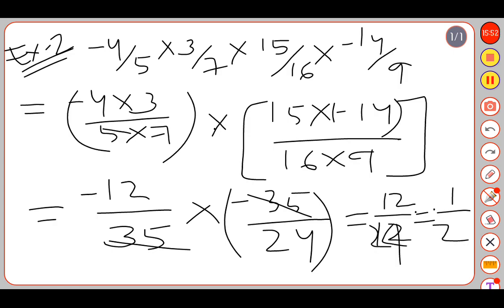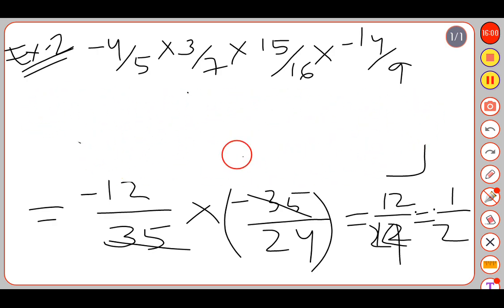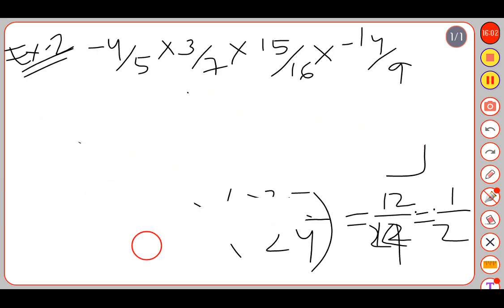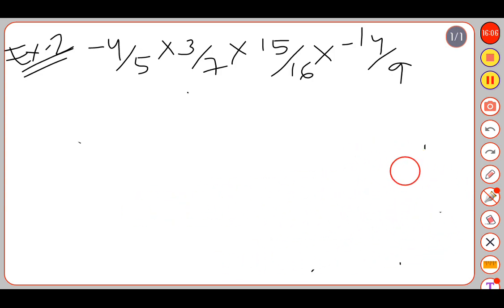So it becomes a very lengthy process. Now we can do it by using the property. By using the property we can bring the similar terms closer, the terms which we can cancel easily.